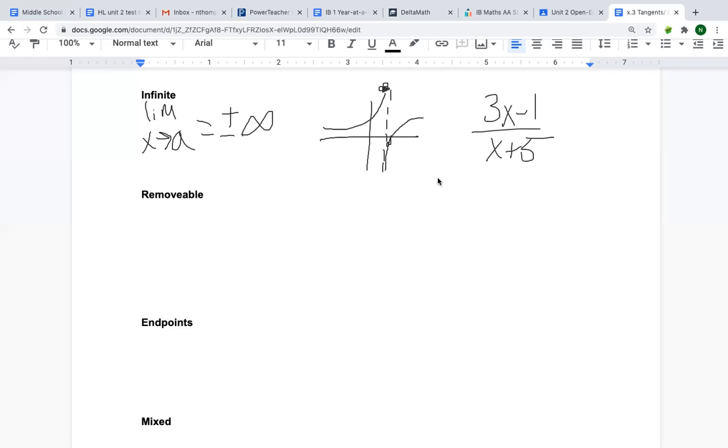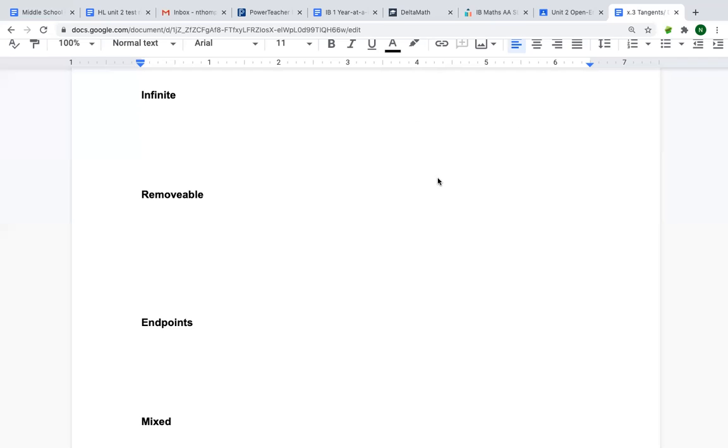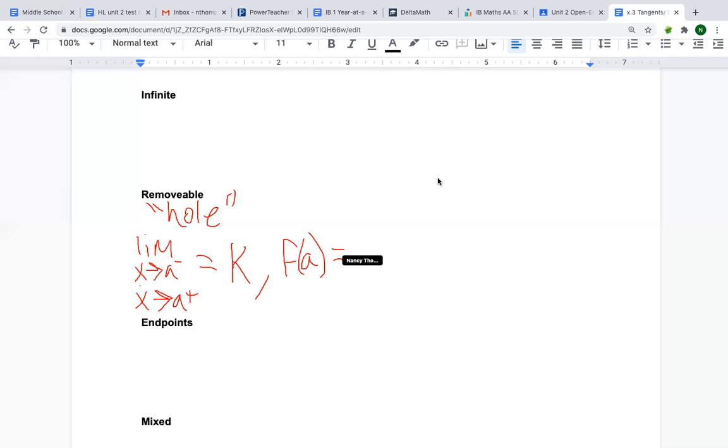Now, the next one we have is removable. A removable discontinuity has a couple different names, but the one that is most common, or the second most common, is called a hole. This is where the limit as x approaches a from the left and as x approaches a from the right are both equal to the same number, but when you plug in the actual number, it does not equal that same limit.